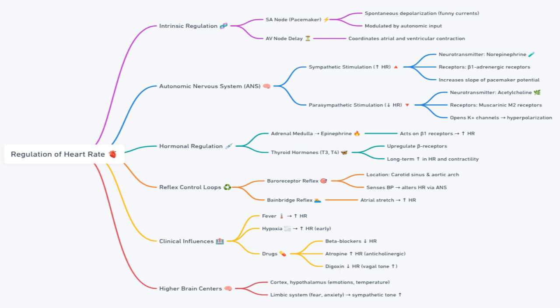The reflex mechanisms, the baroreceptors and the chemoreceptors, provide rapid feedback adjustment. The hormonal influences, circulating catecholamines and thyroid hormones, further adjust heart rate according to metabolic needs. And with the clinical relevance, understanding these regulatory mechanisms is very essential in managing conditions such as arrhythmias, heart rate variability, and other cardiovascular disorders.